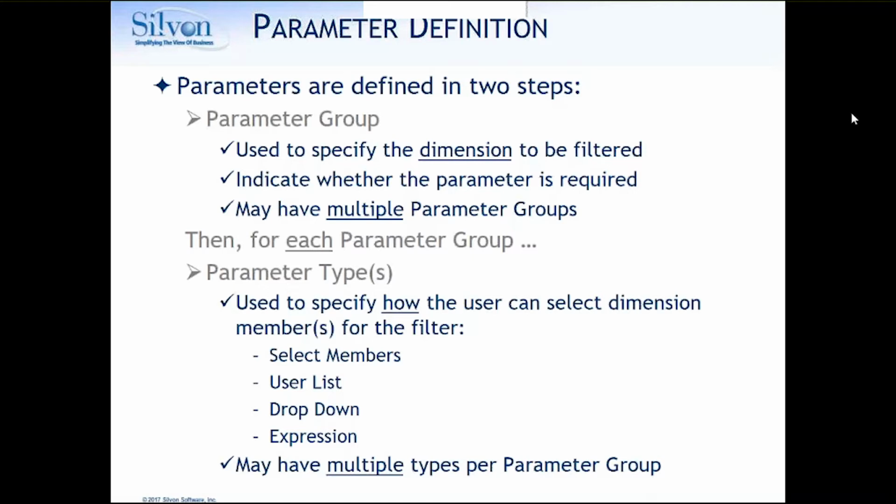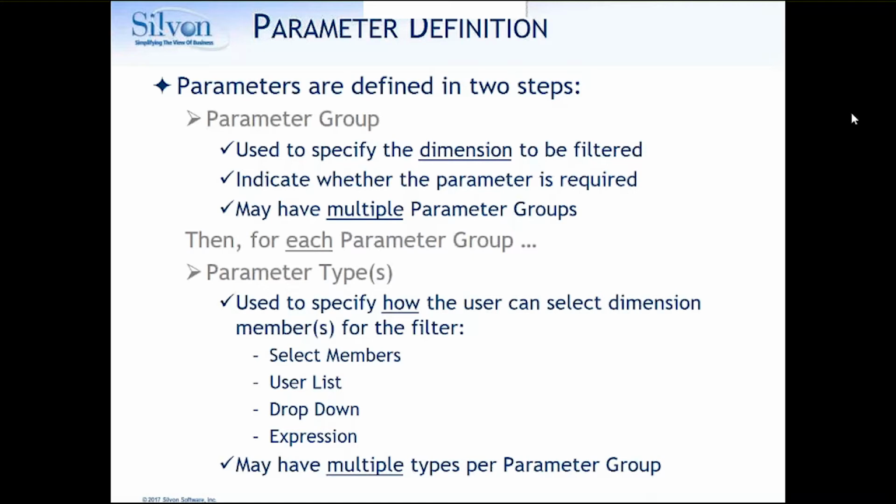The last one listed there is expression, and from a parameter prompting standpoint it isn't real practical, especially if you're gearing these prompts to more casual users. An expression, similar to what you could do in filtering, allows you to define an MDX expression that would be used to filter the members in that particular dimension.